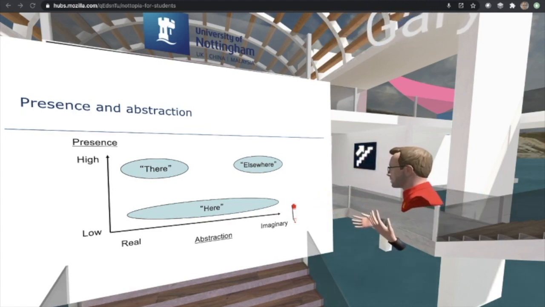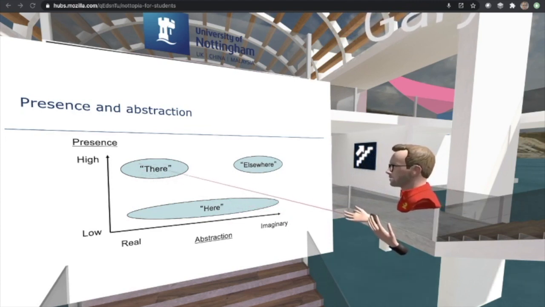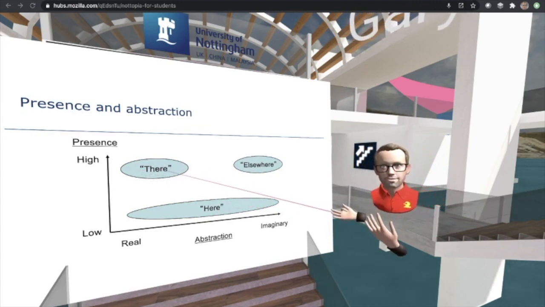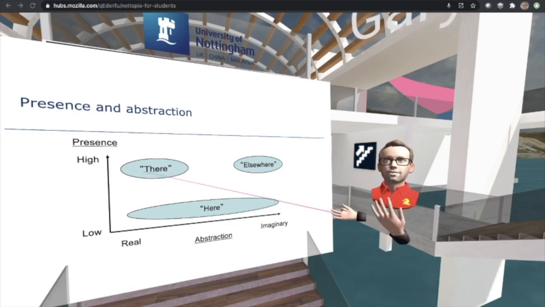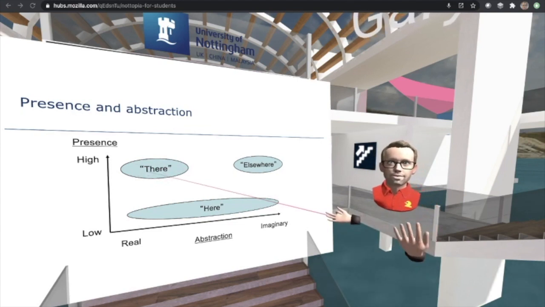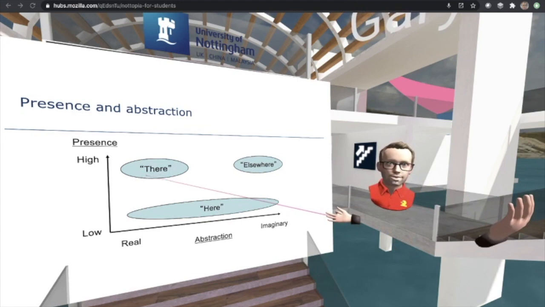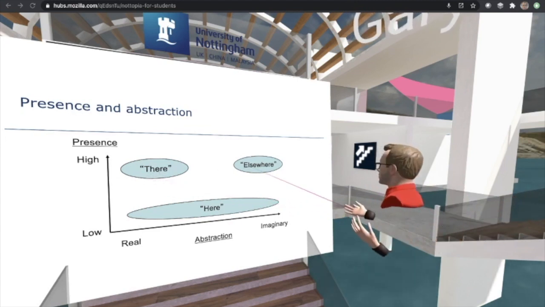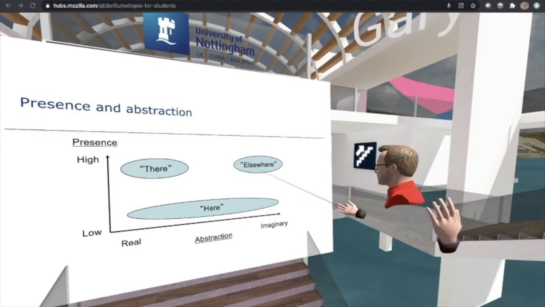But there, it's sort of related to a real world. It would be thinking, I'm in this other space that does exist at the moment. So I'm there. I'm driving my car down the M1 motorway. Okay, related to a real world. Whereas elsewhere, I'm just in an imaginary environment.